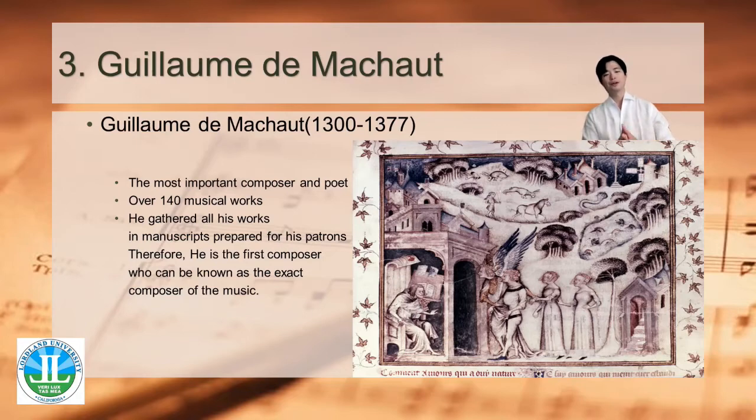In that role, he accompanied John on his travels and military campaigns across Europe, describing these exploits in his poems. From 1340 until his death in 1377, Machaut resided in Reims as canon of the cathedral, an office whose liturgical duties left ample time for poetry and composition.